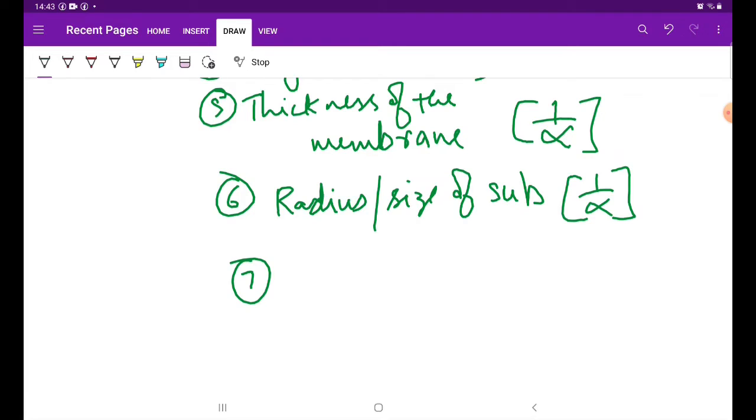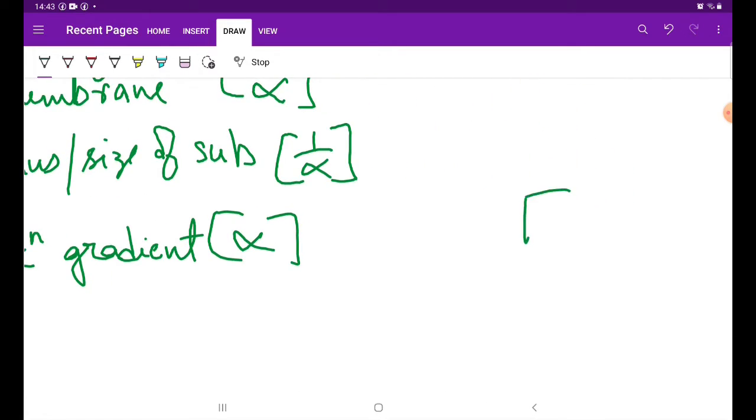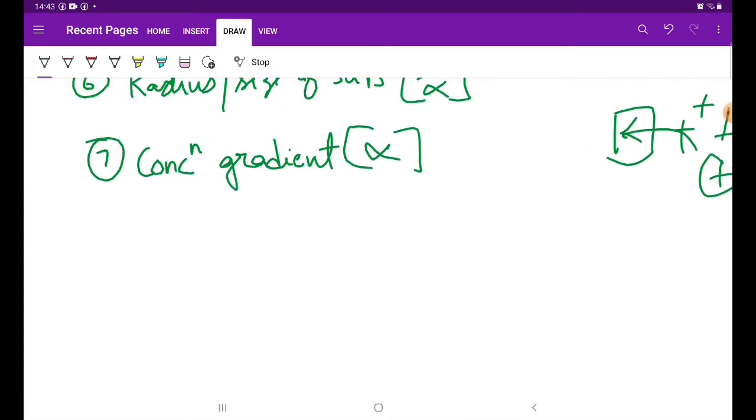Then seventh, concentration gradient. It's directly proportional to the concentration gradient. Basically it means if the concentration here is higher outside, it will move inside pretty quickly.